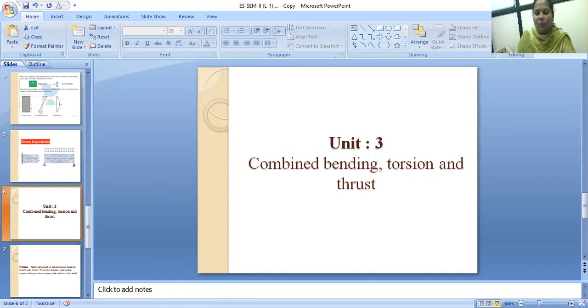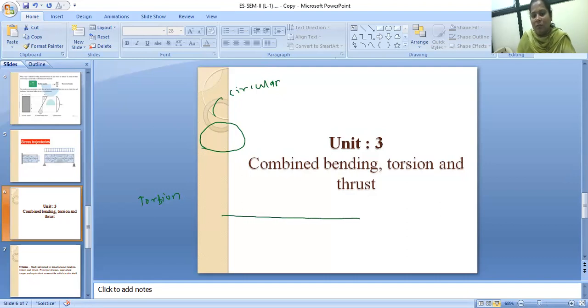So that much part we have to discuss in unit number 3. Shaft means we will see only circular shaft, because in this whole unit only pure torsion theory is applied.